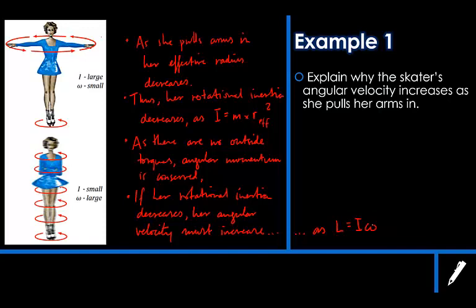So basically, if I goes down, omega must go up so that L doesn't change. Okay, so this would be the ways that you would go through the steps. So first explain why her rotational inertia decreases. Then explain that their angular momentum will remain constant. And then explain that if her rotational inertia decreases and angular momentum is to remain constant, then her angular velocity must increase.